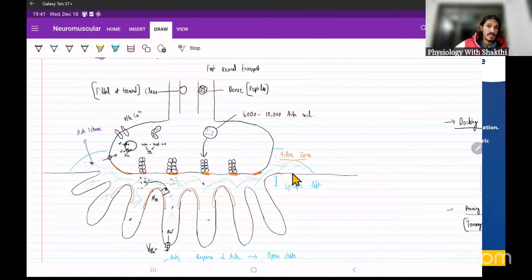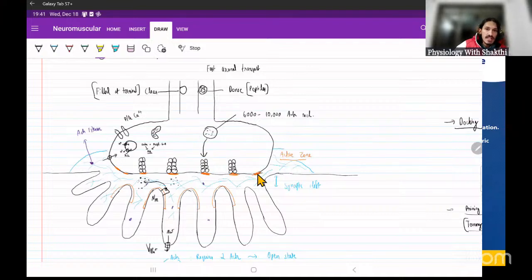Now, through the microtubular system, different types of vesicles are going to come in. You have to draw mitochondria because energy requirements need to be met over here. There's the P/Q type of calcium channel which is important, and we have the vesicles. These vesicles at the neuromuscular junction have acetylcholine, usually around 6,000 to 10,000 molecules.